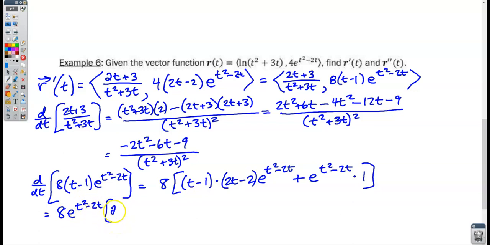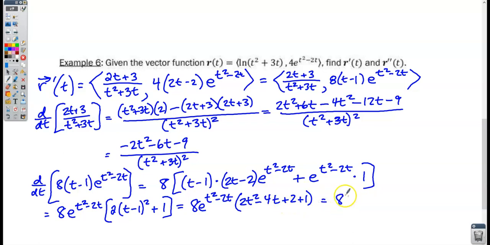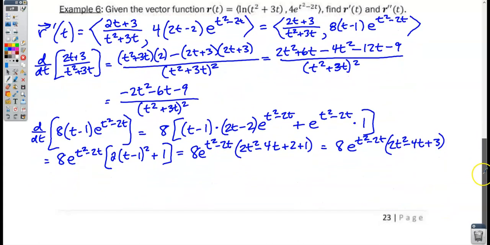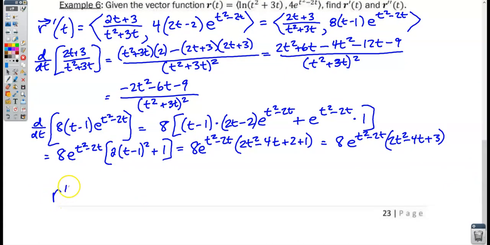And what's left behind is 2 times the quantity t minus 1 quantity squared plus 1, which I guess I can simplify. It's going to be 2t squared minus 4t plus 2 plus 1. So this ends up being 8e to the t squared minus 2t times the quantity 2t squared minus 4t plus 3. And so that's the y component of my second derivative.